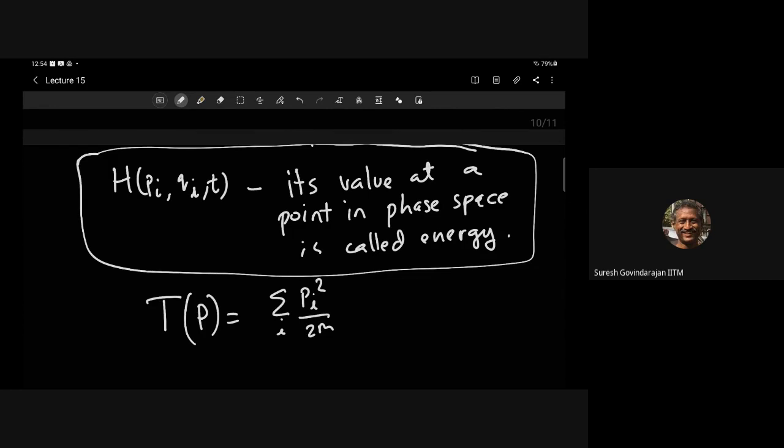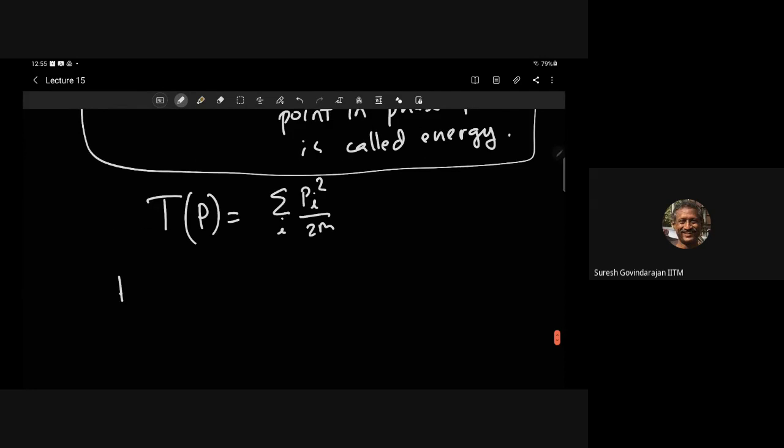We'll also do some examples. This was very formal today; there were really no examples. You can go back and check for the free particle, and at least check that H for a particle moving in a potential is p squared upon 2m plus V of x.